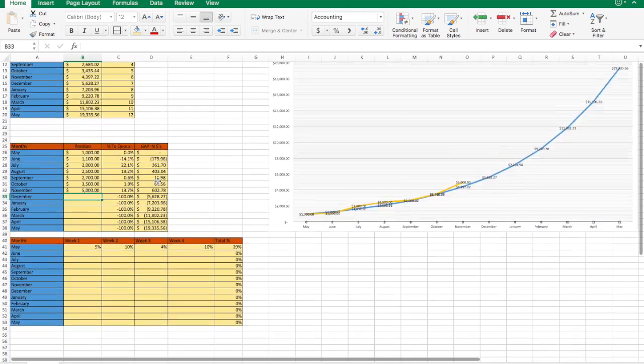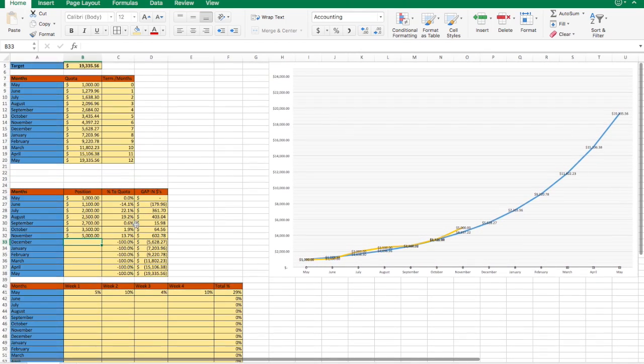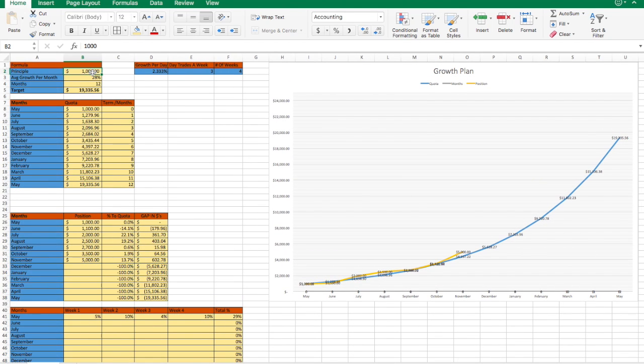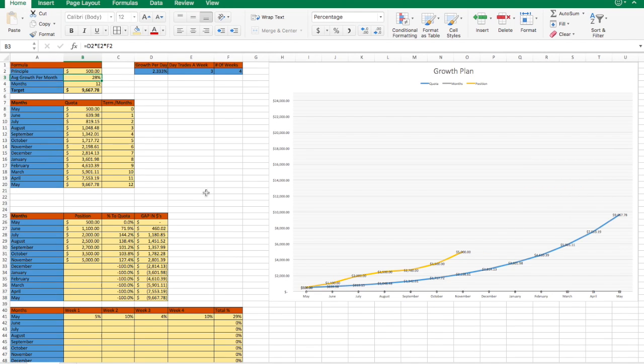So I tried to make it as simple as I could, to not offer too many things. You really won't have to change much. If you want to change your principal investment, let's say instead you want to start with $500, you can change it to $500, and it'll tell you exactly how this will change.